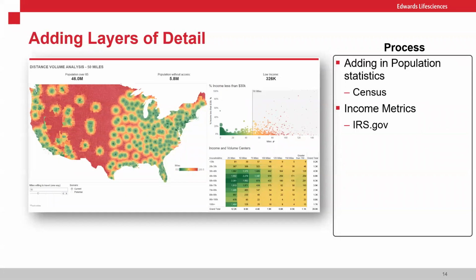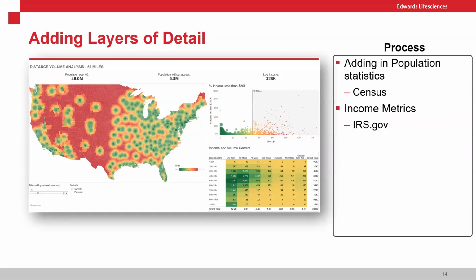Then we start layering in different population metrics, different income metrics, and you can start playing with other features. You can play with overlaying obesity rates onto this, even though our disease doesn't have anything to do with obesity, but you could layer on other factors that become more interesting.